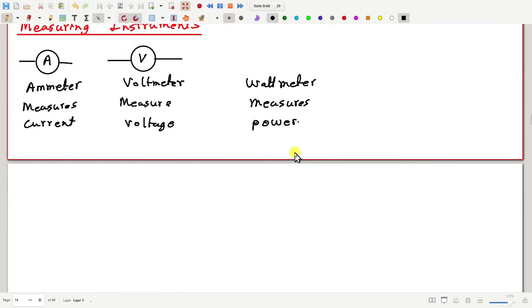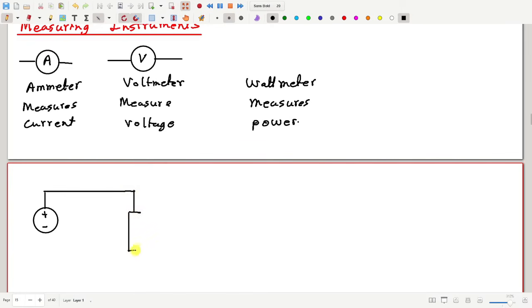Now, first of all, suppose we have a source and then there is a load, and some current is flowing. Suppose this current is I. I want to find out how much is I. How to find it out? To find I, we have to put the ammeter here.